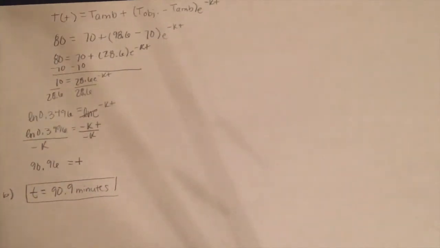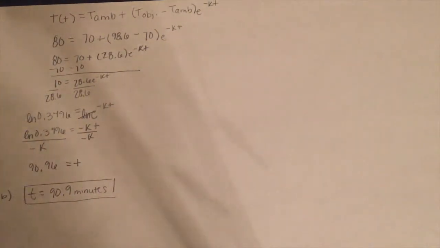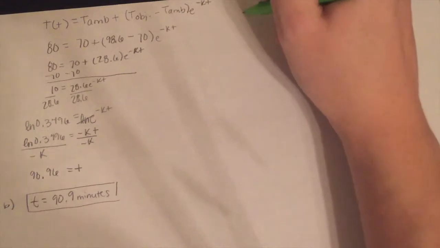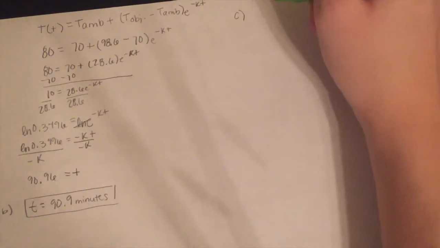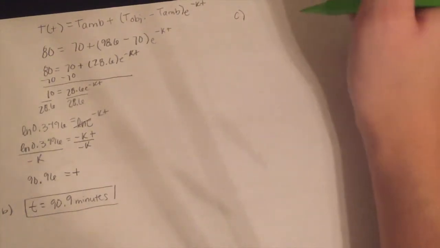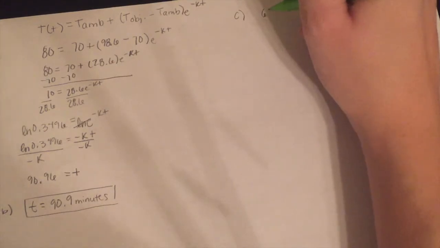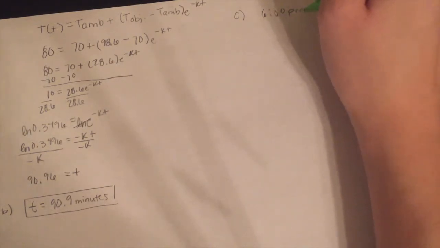Now that we know the time that elapsed from the time of death to the time of discovery, we can figure out the approximate time that Mr. Fees was killed. So here's part C. The body was discovered around 6 o'clock p.m., right?